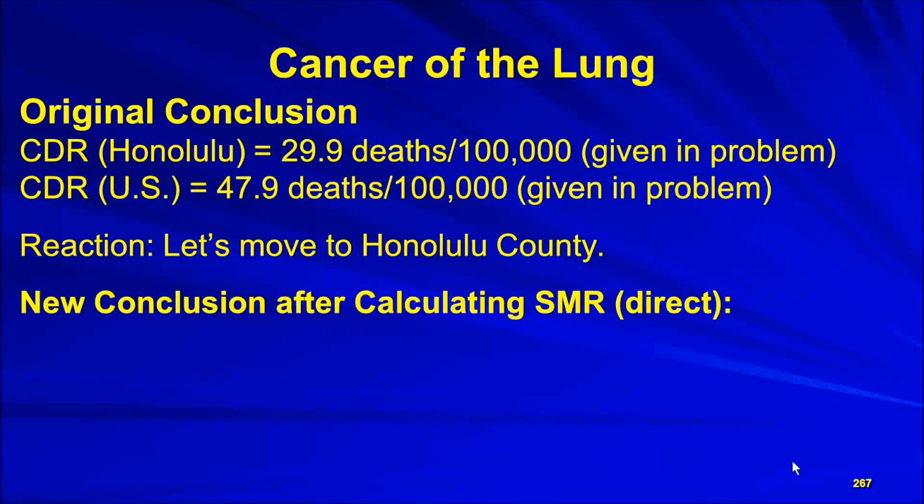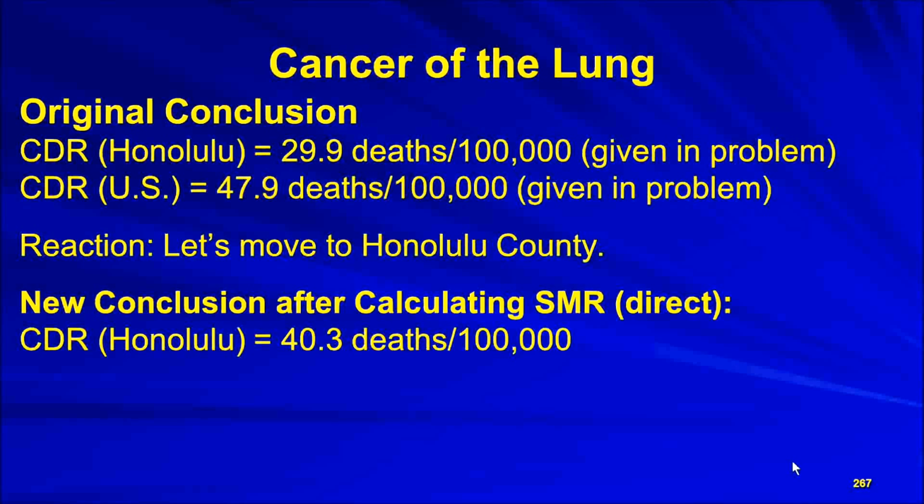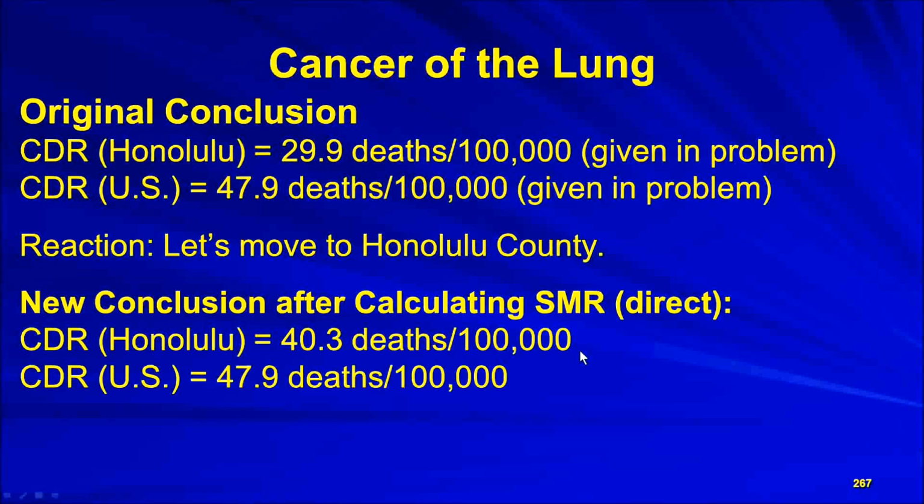Okay, so now we've done some calculation with the SMR Direct. We know that it's skewed. We were able to do some adjusting because we had age-specific death rates. And now what we've come up with is the adjusted death rate. The SMR Direct adjusted death rate is 40.3 deaths per 100,000, right? That's what we went through and calculated.